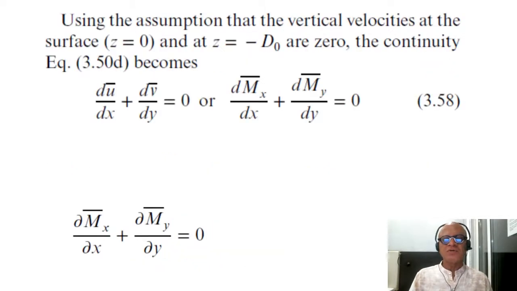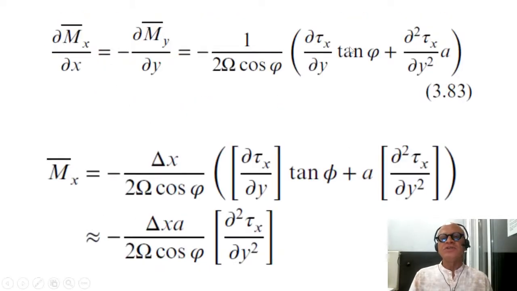So this term is small at low latitudes compared to this term, which allows us to integrate from the eastern boundary towards the west to get the transports in the zonal direction. We're trying to compute currents given the wind stress, and that's what we'll end up doing.